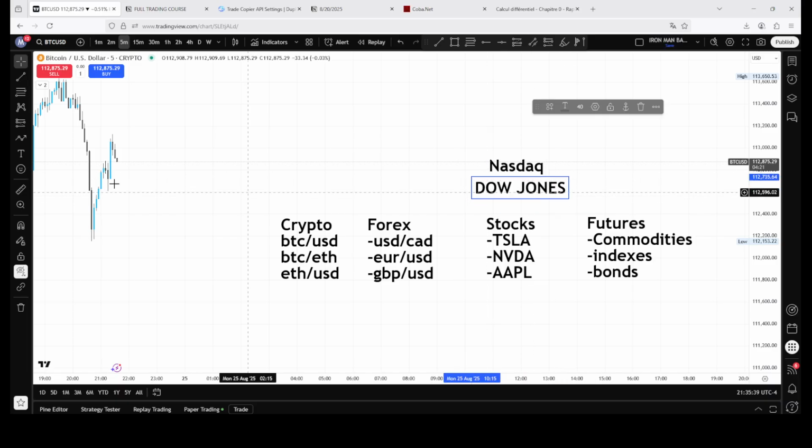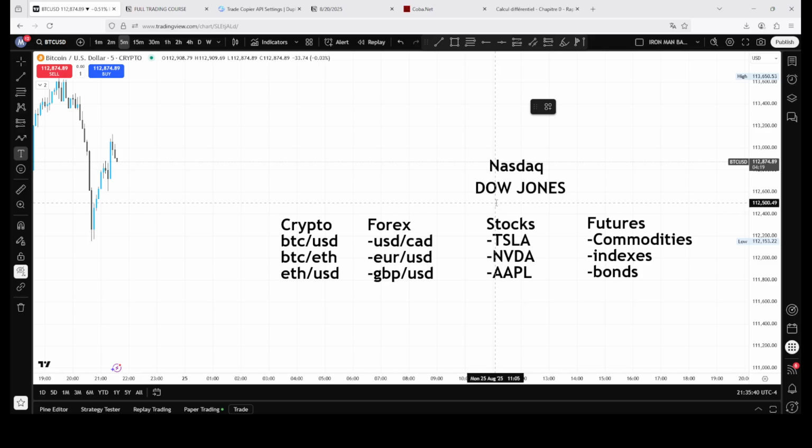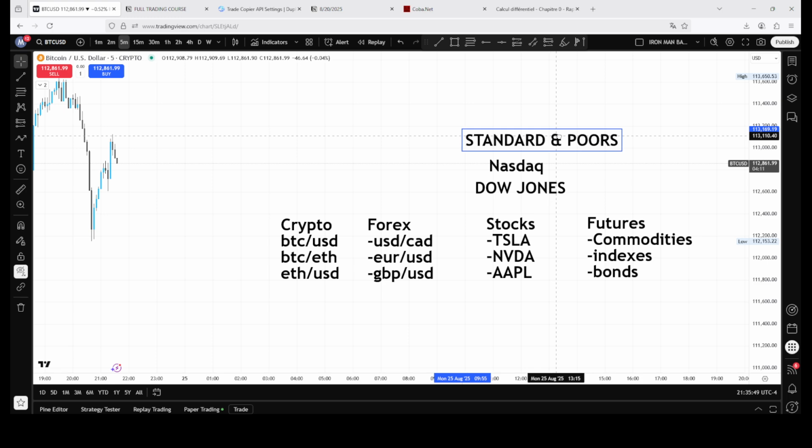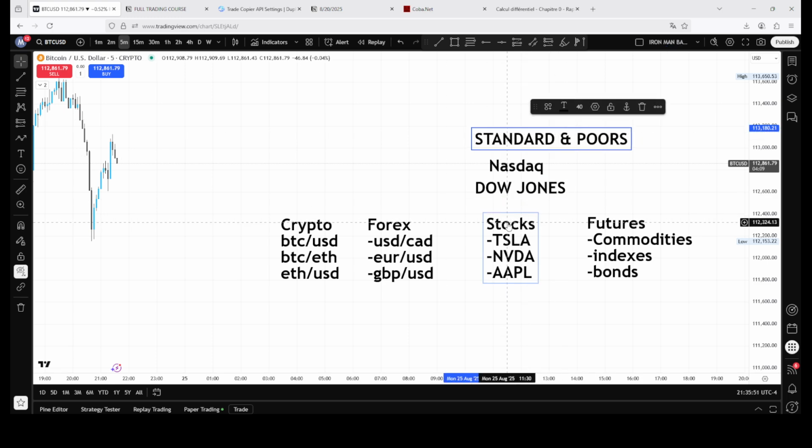And then you have the S&P 500, the Standard and Poor's. So this one's also a very, very famous index. So all three of those indexes, they're not to be mistaken with stocks because they are from the futures family, but basically they're baskets of stocks. So very important to know that.